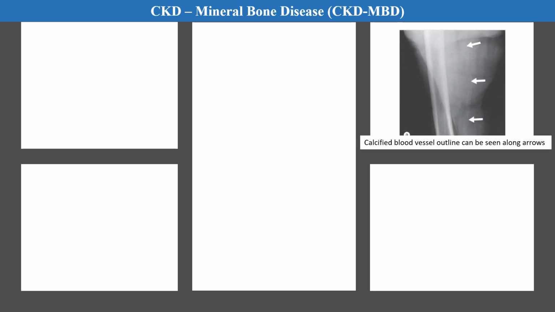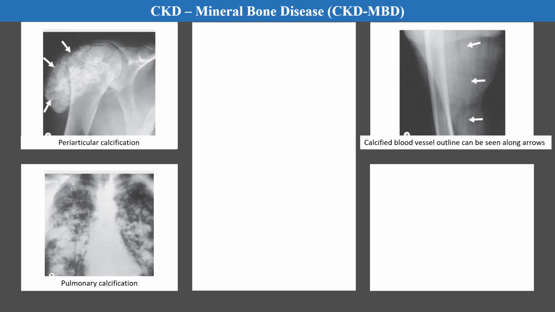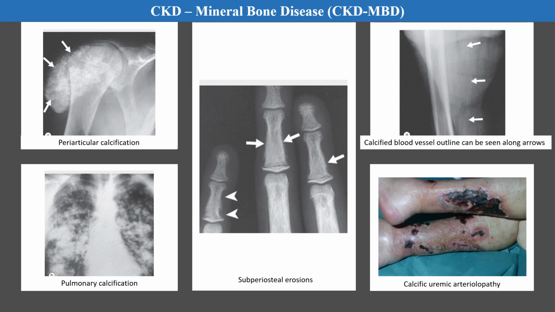If not promptly recognized and treated, CKD-MBD may result in arterial calcification, pulmonary calcification, periarticular calcification, bone erosions associated with secondary hyperparathyroidism, shown here as subperiosteal erosions, and calcific uremic arteriolopathy, a condition characterized by systemic medial calcification of arterioles and painful ischemic necrosis of skin and subcutaneous tissues.